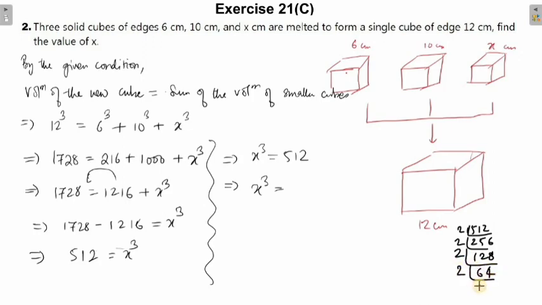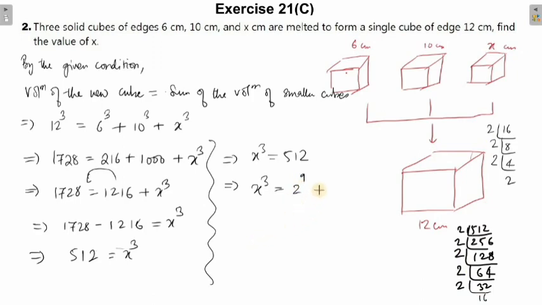Again with 2, you get 32, then 16, then with 2 you get 8, then 4, then 2. So how many 2's are there? 1, 2, 3, 4, 5, 6, 7, 8, 9. Altogether we have got 9 twos, so we can write this as 2 to the power 9, isn't it?